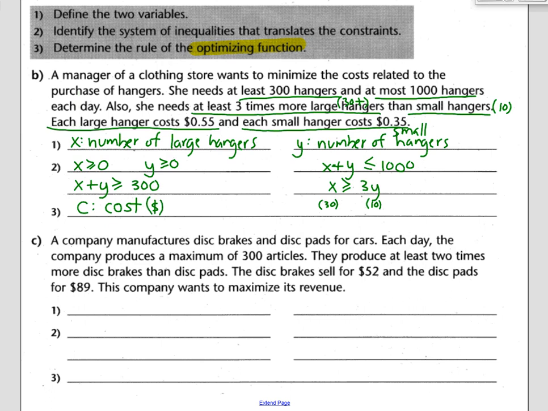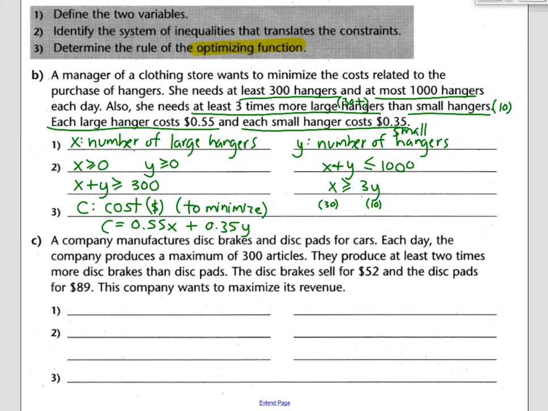And I'm going to have to minimize, because usually we want to minimize the cost. And my rule is going to be C equals 55 cents for the large hanger plus 35 cents for the small hangers. So this is the rule to optimize.